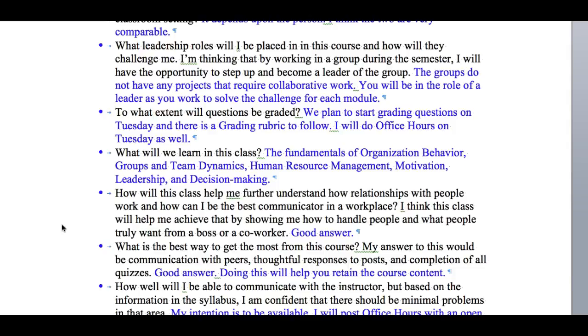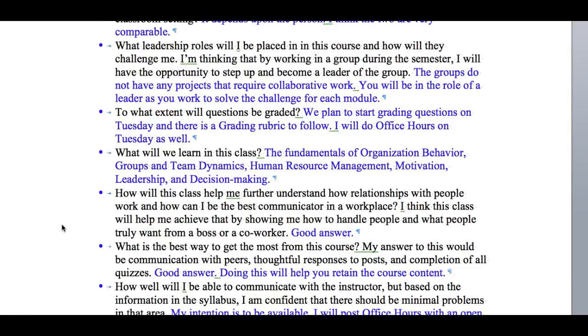So every 2 weeks, when a new module pops up, you'll have the opportunity to perform as a leader, and then you'll post that in your group and get feedback from group members, which will be helpful because they'll tell you what they think of what you posted. So that will help you develop your leadership skills.